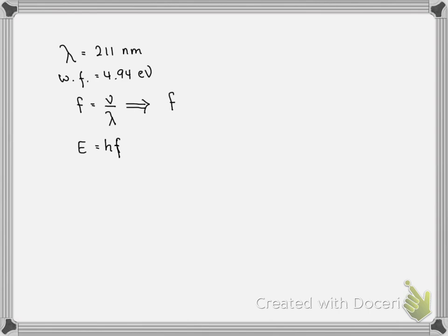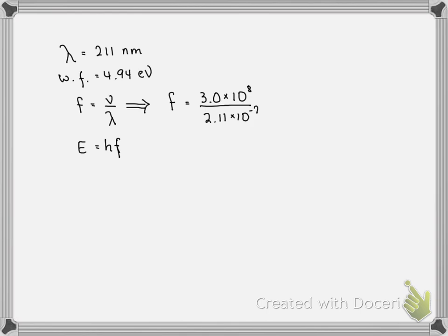The frequency is equal to the velocity of light over, and remember when we convert nanometers to meters, you're going to move the decimal 2 places to the left, and the power is then to the negative 7th. So 2.11 times 10 to the negative 7th. Okay, and we find the frequency then to be, I got to get my calculator. Hold on a minute, guys.